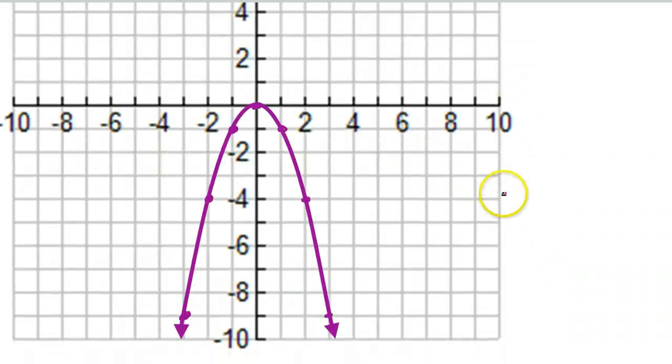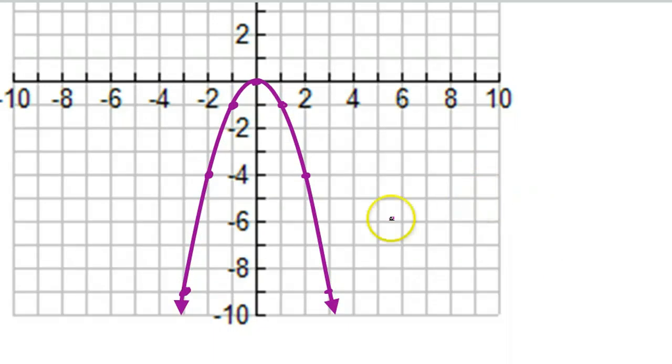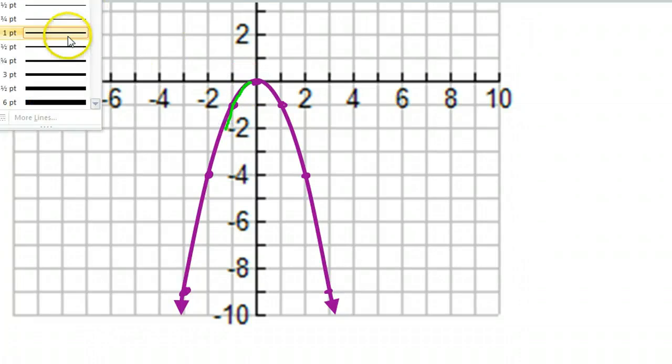All right, and graphically, less than 0 means below 0. All right, below the x-axis. And you might think that this entire parabola is below 0, but you'd be almost right, except for this point right here at the top. That's not below 0, that is 0. So we got to be careful to leave out that part. So this part, let me make it bigger.